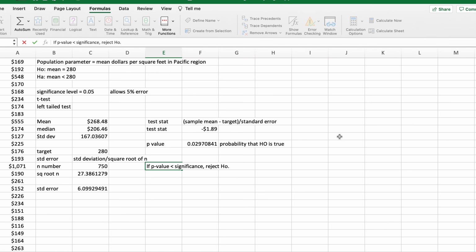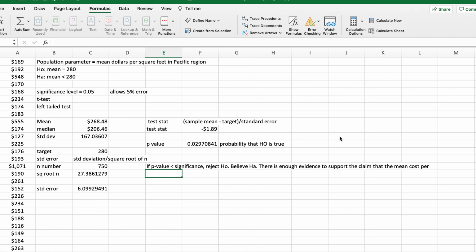That means if you reject H0, you believe HA. There is enough evidence to support the claim that the mean cost per square foot in the Pacific region is less than 280.